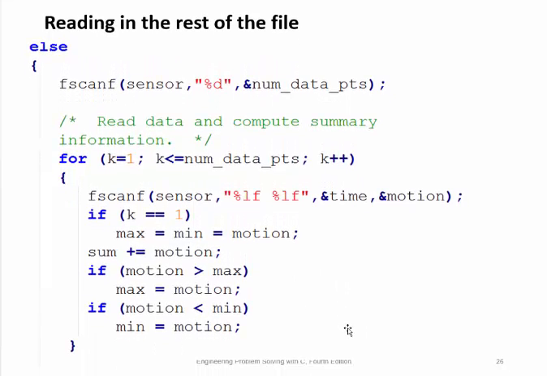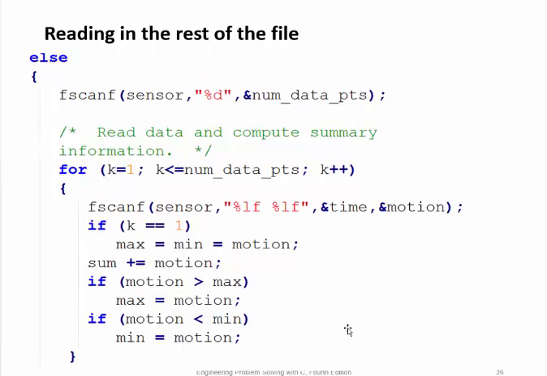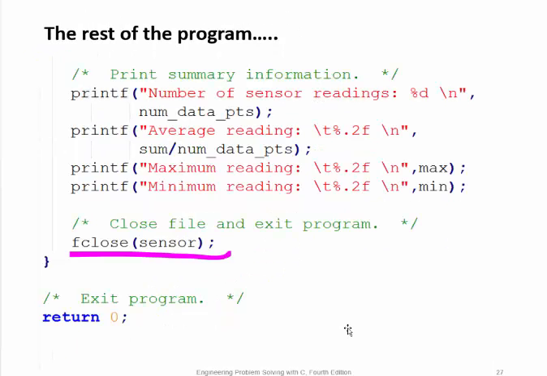The rest of the program is just outputting the data, so they're just print statements. Print number of data points, print average reading, there was an average calculation, print max, print min, and then file close. Very important to have the file close statement.